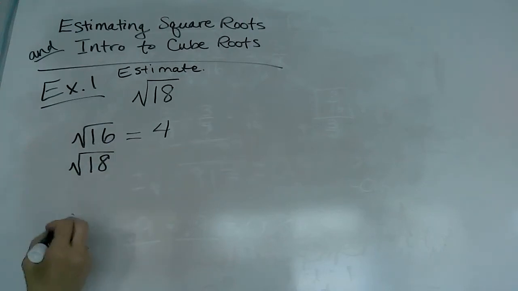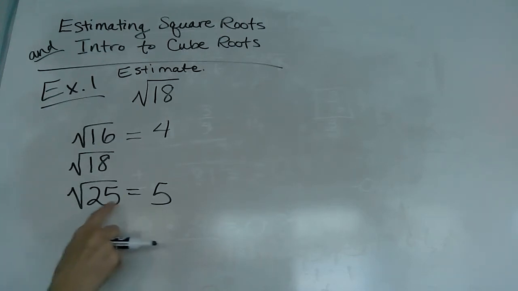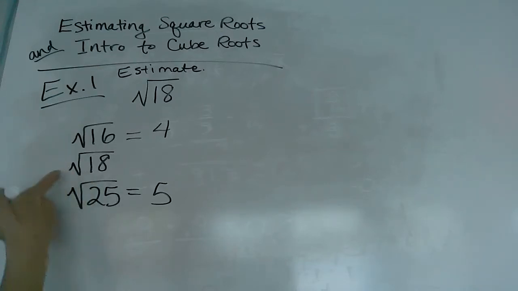And the next perfect square after 18 is the square root of 25, which is 5. So what that tells us is that the square root of 18 is going to be 4 point something. It's not going to be as big as 5 because it is less than 25. So it looks like it's a little bit closer to 16.